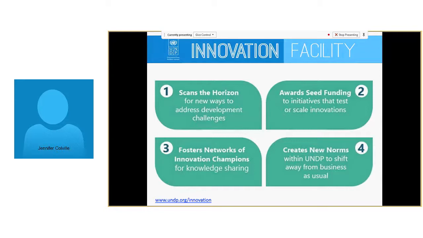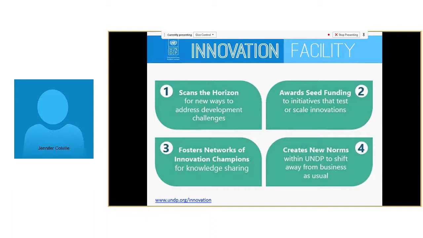Innovation and all of the different methodologies and approaches associated with social innovation really caught their eye, and they saw the value of UNDP as a partner in social innovation. And so it led to the birth of the innovation facility in 2014.